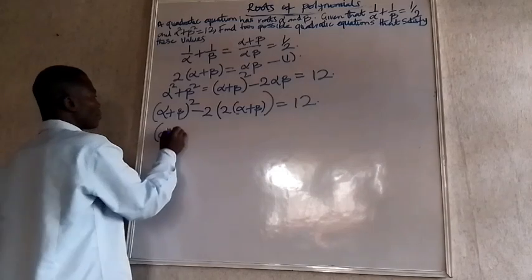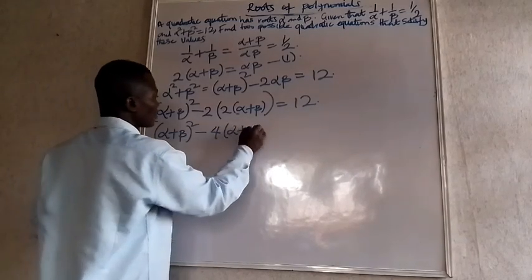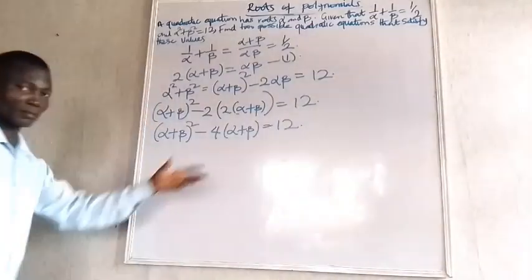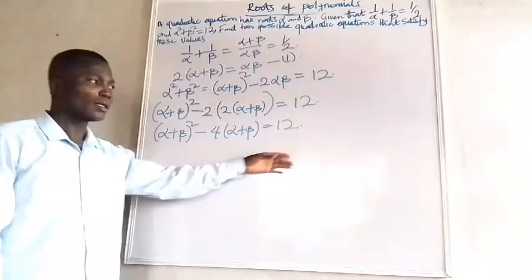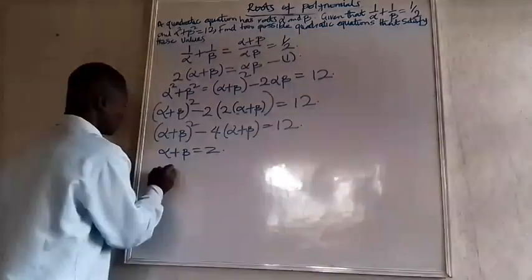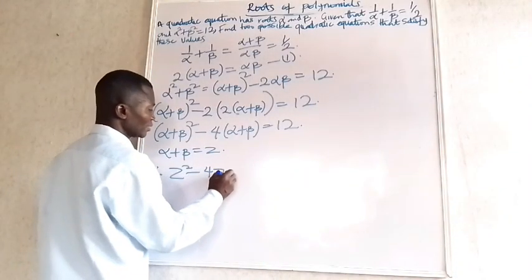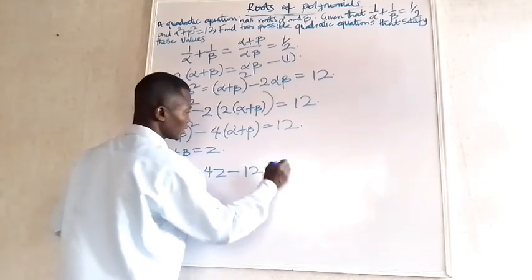We can now say that alpha plus beta all squared minus 4 into alpha plus beta is equal to 12. So from this, we can easily say alpha plus beta is equal to z. Therefore, z squared minus 4z minus 12 is equal to 0.